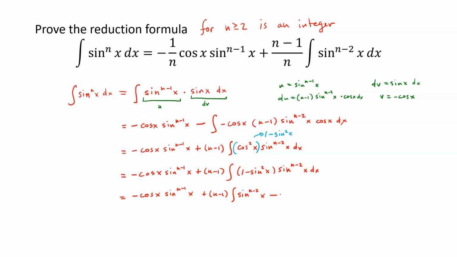We'll add the powers there and we just get sine to the n. Now what I'll do is distribute the n minus 1 to each of these terms separately so that I can split them into two separate integrals. Because then I notice that the integral of sine to the n is really the integral that we started with. And that kind of reminds me of a trick that we saw earlier. So we'll see if that same trick works here.